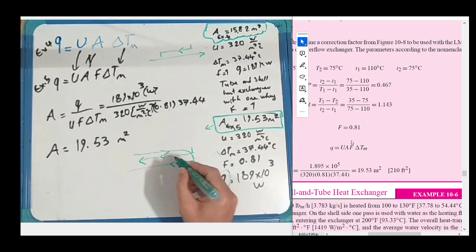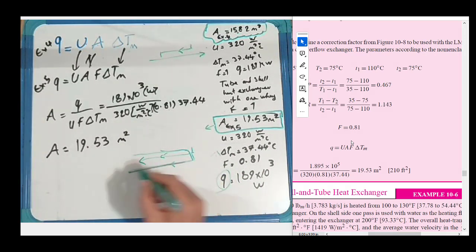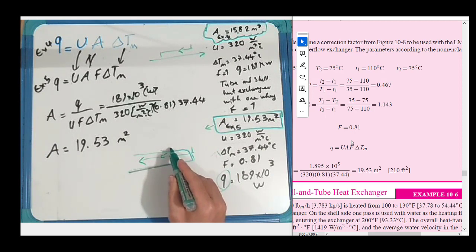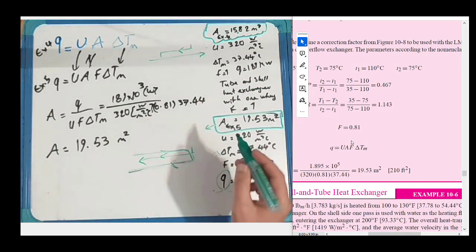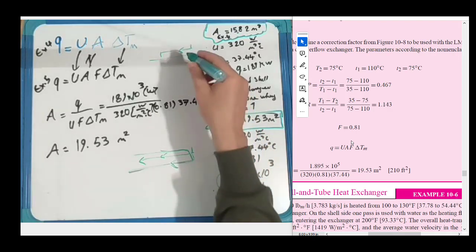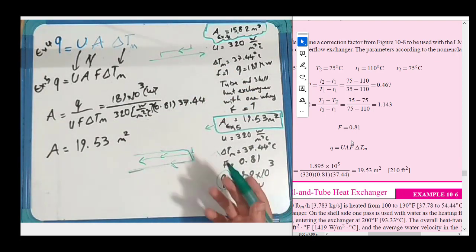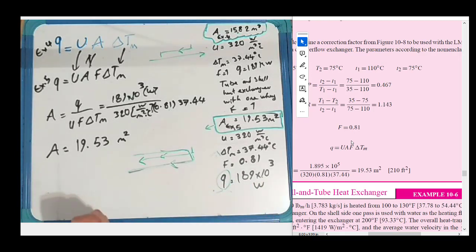We need some more A. Okay, as you can see, it has two ways. The Q is calculated the same and assumed the same for both of them. If we want to have the same area for both of them, the Q will change. Okay, you should pay attention to that and think about that. This is so interesting. It was example 10.5.